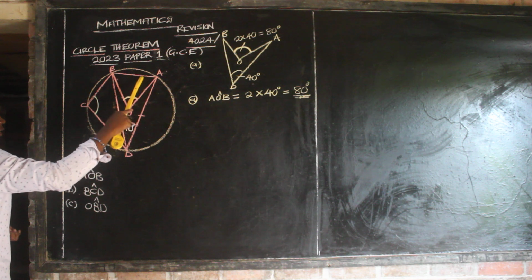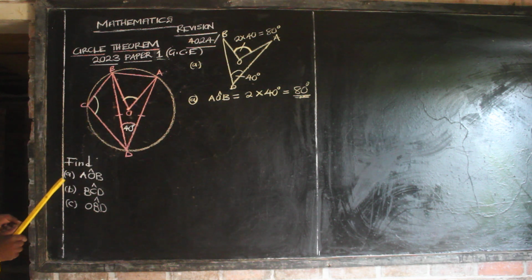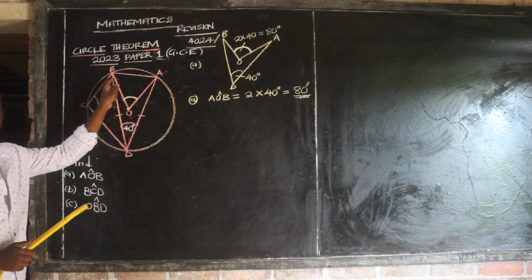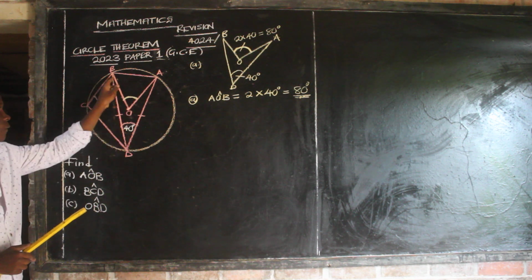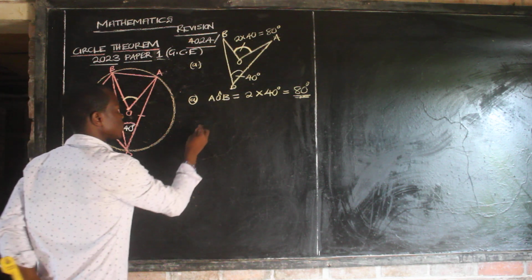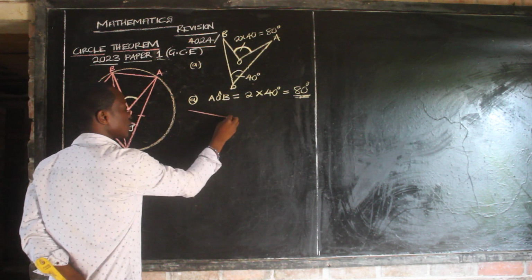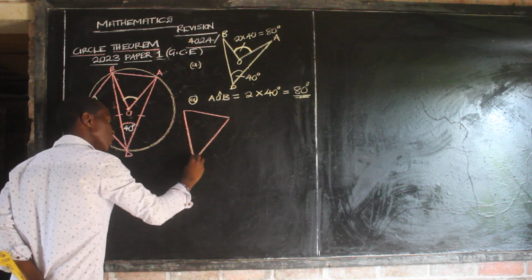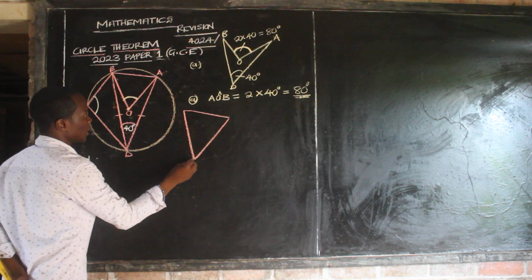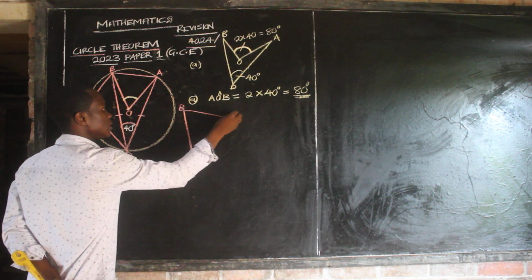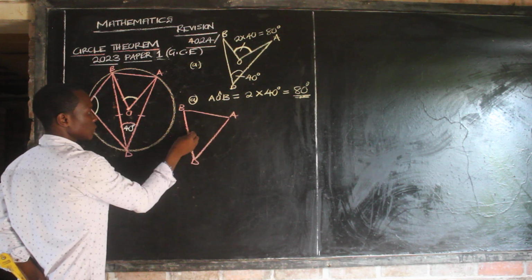Now for us to find this angle, we're going to use this isosceles triangle. We have an isosceles triangle like this, where this is D, this is B, and this is A. So these two are equal.